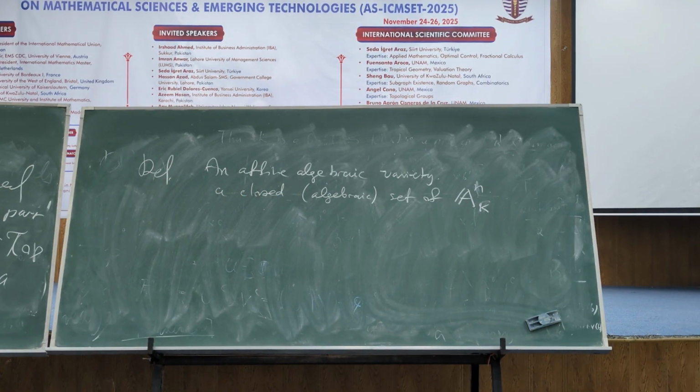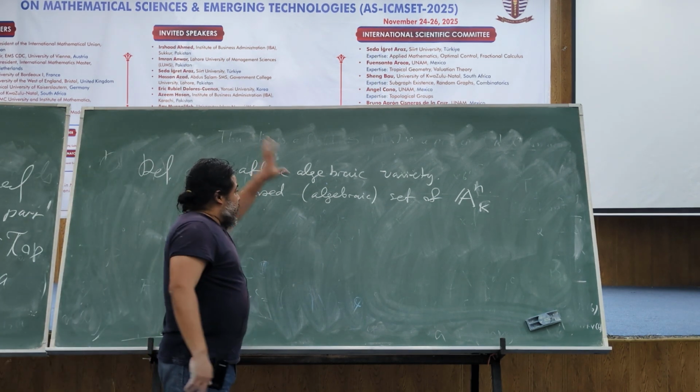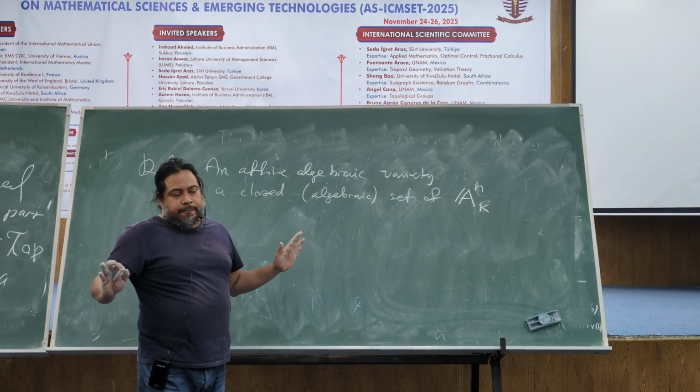This is not a good definition, but I don't want to torture you with more algebraic geometry. So closed algebraic sets are algebraic varieties for us.